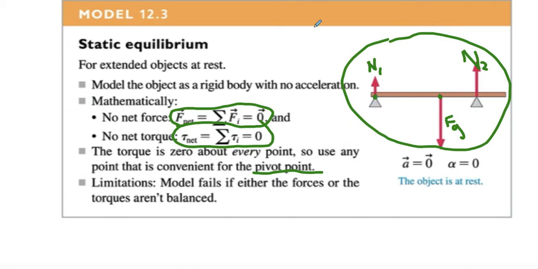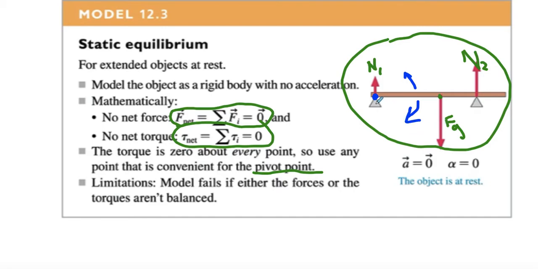That's what everything is going to rotate about. Is it going to rotate up? Is it going to rotate down? If it's in static equilibrium, all of the upward-rotating torques and the downward-rotating torques are going to add up to 0.